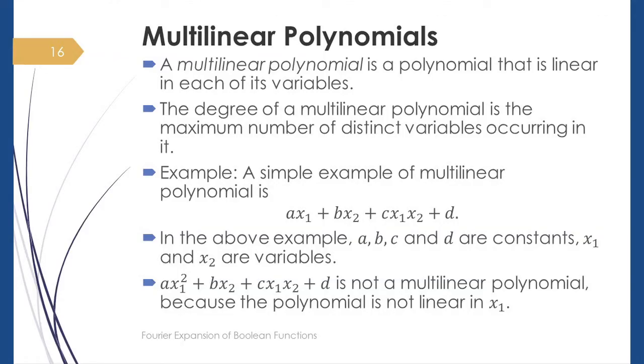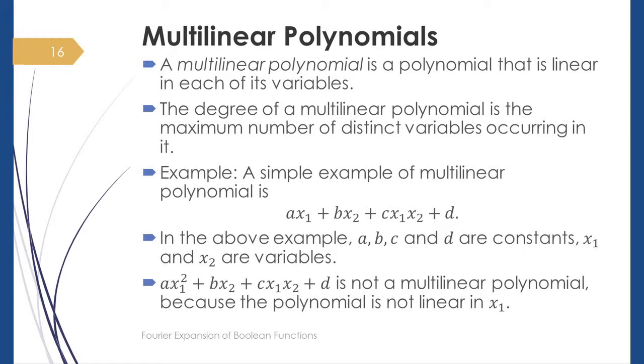So, we all know what polynomials are. A multilinear polynomial is a polynomial that is linear in each of its variables. The degree of the multilinear polynomial is the maximum number of variables that occur in it.